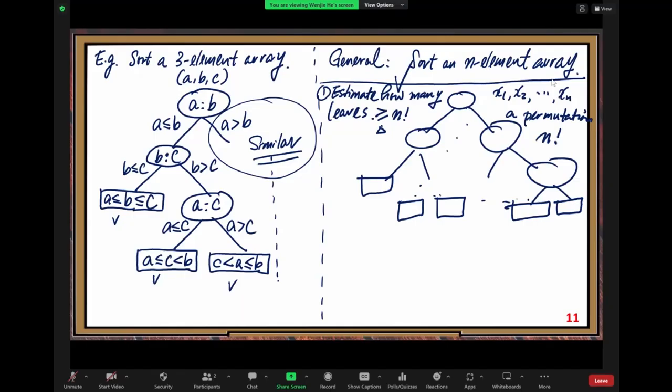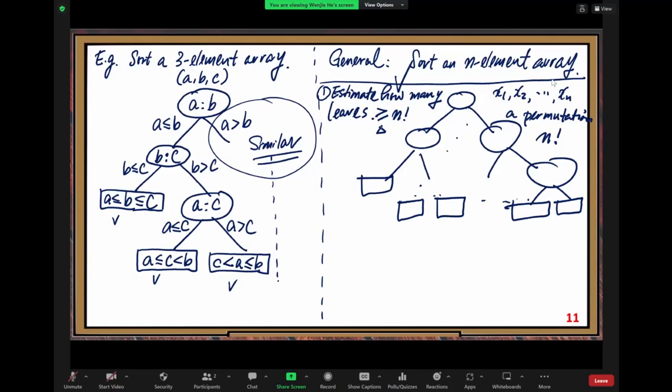A general sorting algorithm means any algorithm that gets an n element array sorted, right? It's not necessarily optimal. It could be optimal and it could be non-optimal, right?